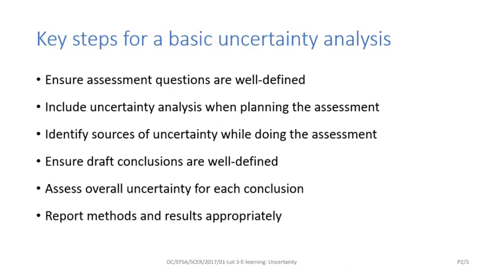Our example on Campylobacter is actually more than a basic uncertainty analysis, but extracts from it illustrate well these key steps which occur in both basic and refined uncertainty analysis.